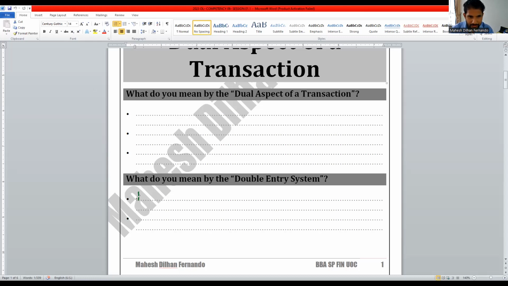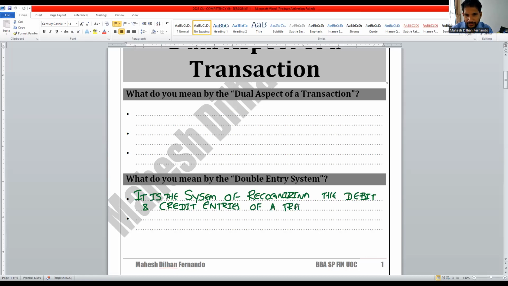It is the system of recognizing the debit and credit entries of a transaction.